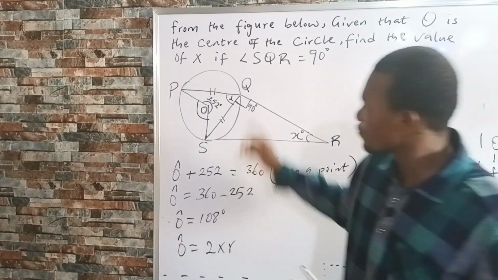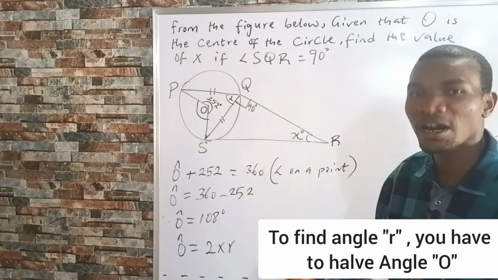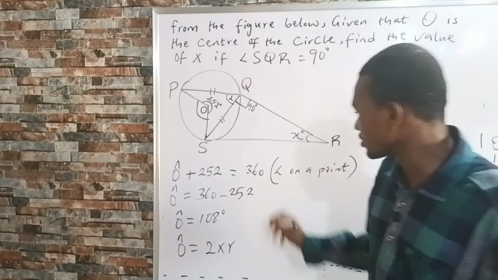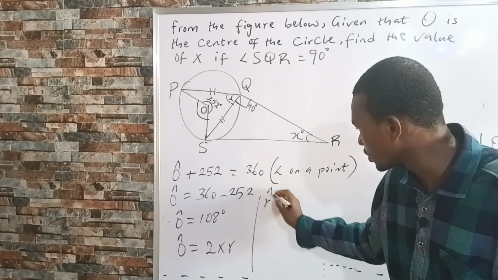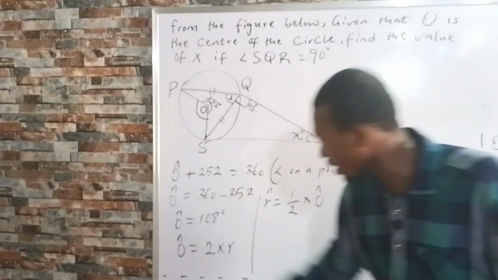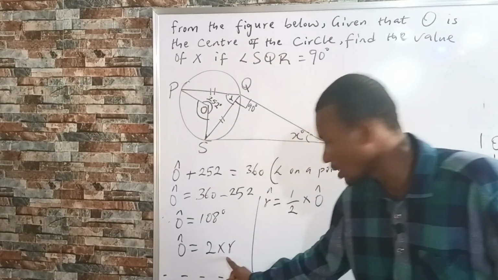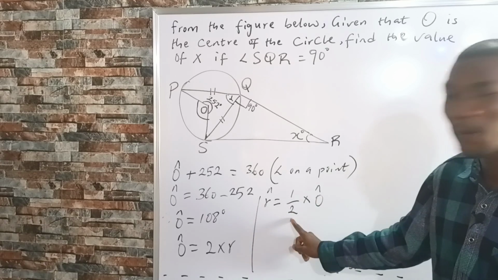Since I'm concerned with finding my angle r, I would then say that the angle r is equal to half of angle O. If angle O is 2 times r, that means to find angle r simply means to divide angle O by 2.